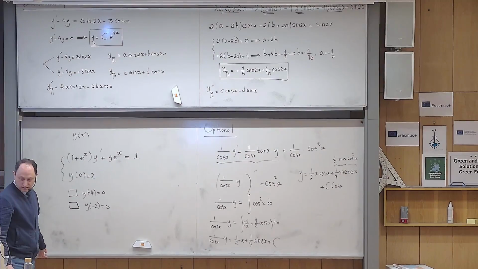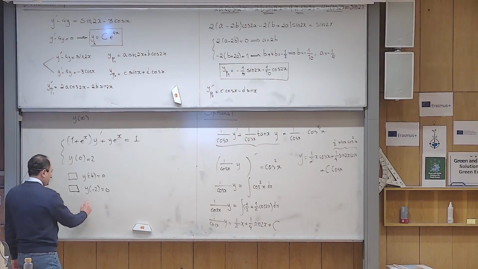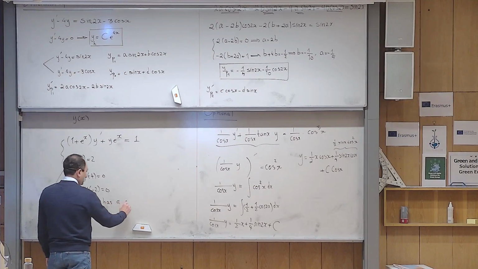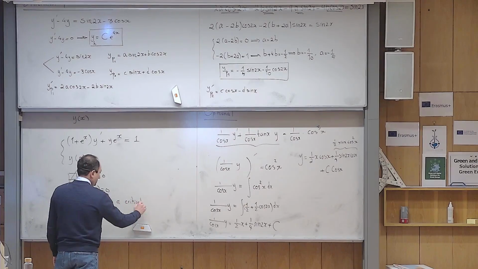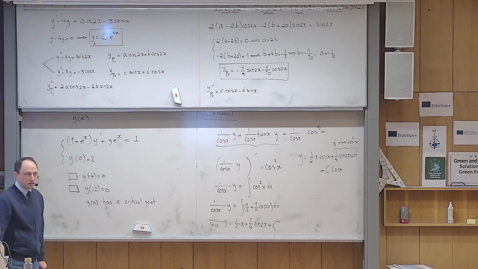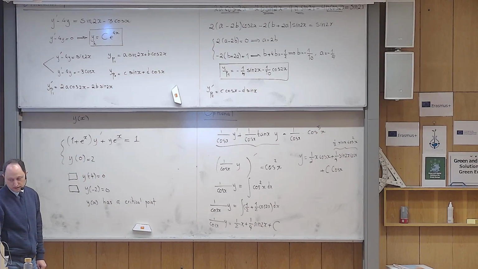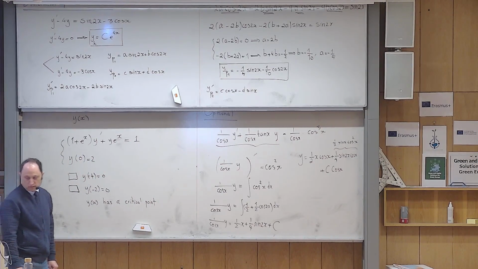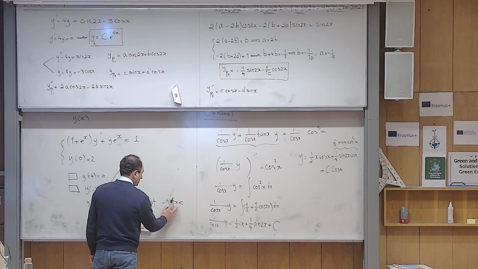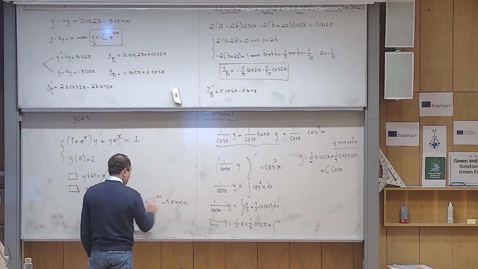And then y of x, I will tell you what it means. Y of x has a critical point. Critical point means the one that makes the derivative equal to 0. Okay, has a critical point on the interval on this.